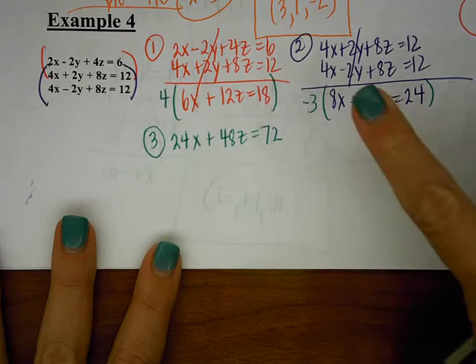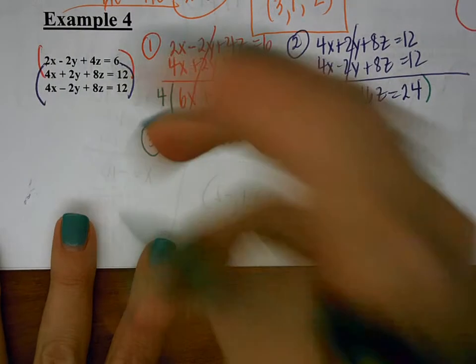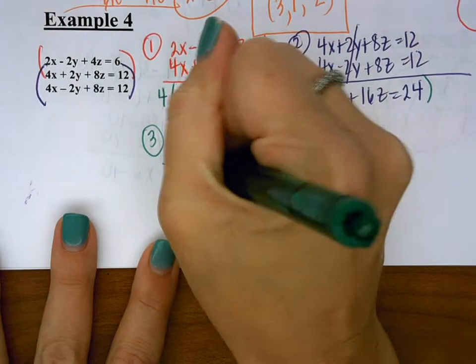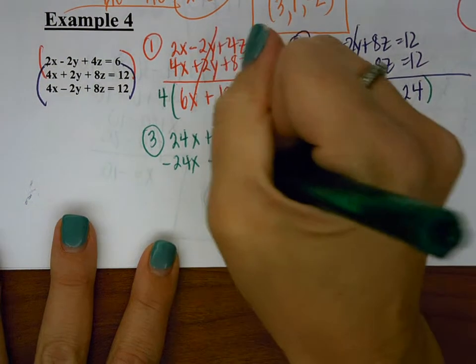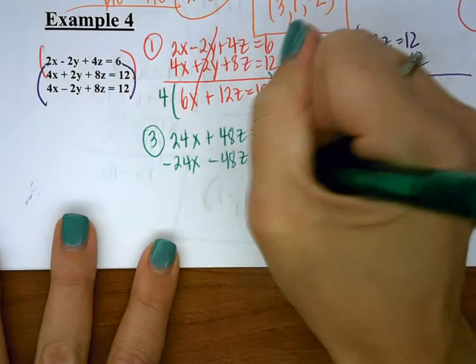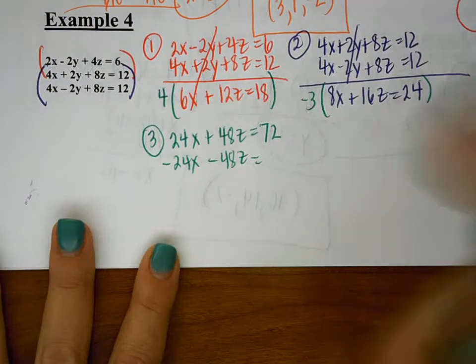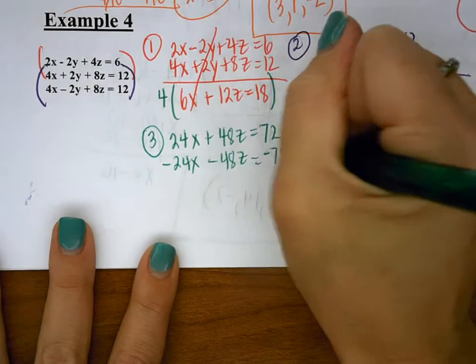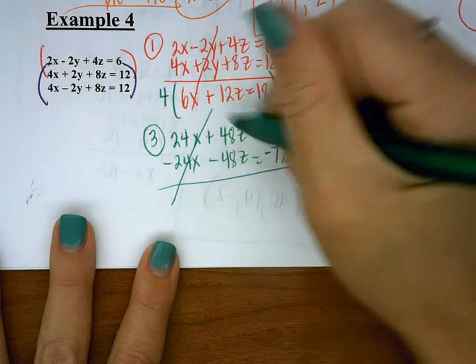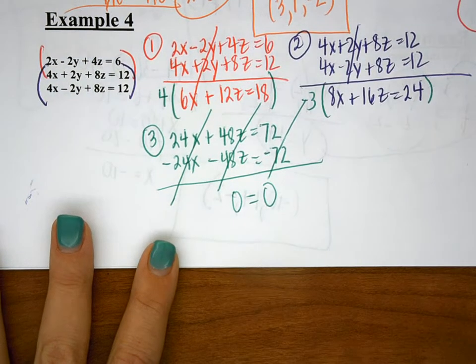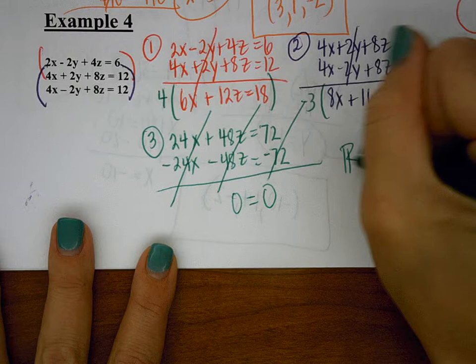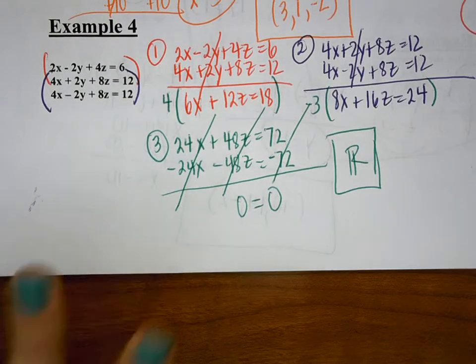On number 2, I multiply by -3, and I get -24x. -3 times 16 is -48z, equals, and -3 times 24 is -72. What happened here? What happens when you get 0 equals 0? All reals. Or infinitely many solutions means the same thing.